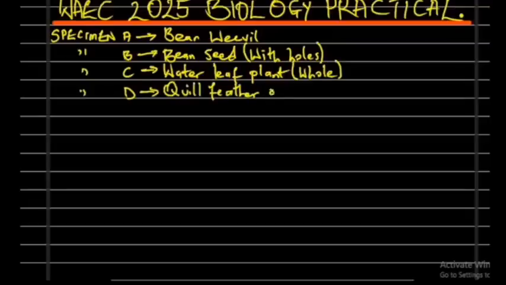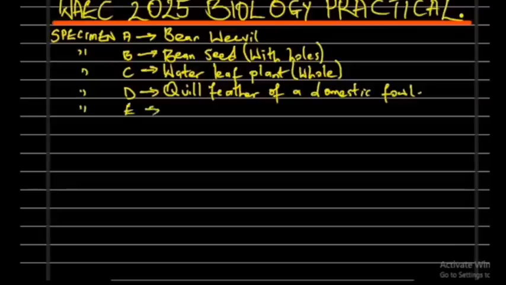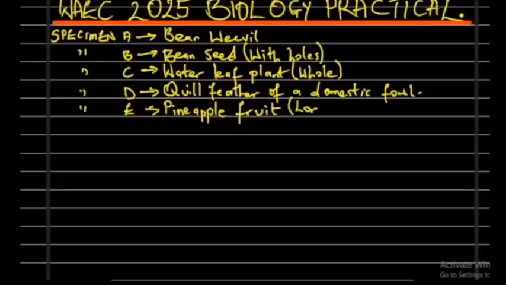Quill feather of a domestic fowl. And our specimen E, we have it to be the pineapple fruit. That is what we have as specimen E. Now for the pineapple fruit, we'll be looking at the longitudinal section.